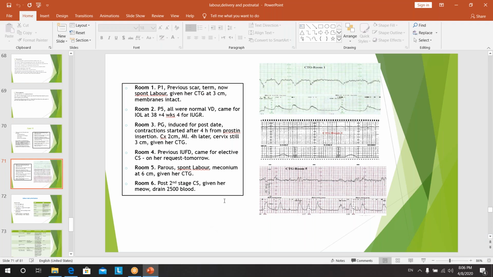This task is relatively easier than the one that came in our exam. In our exam, they gave 8 scenarios, and from these 8 scenarios, there were 3 urgent patients: 2 patients with bleeding and 1 patient with pathological CTG. But this task is relatively easier than the one that came in our exam.